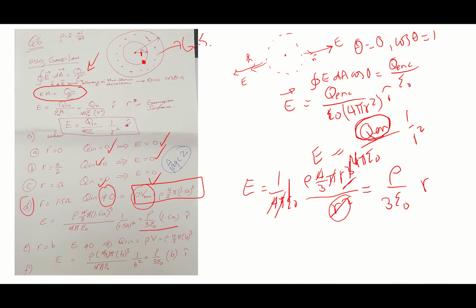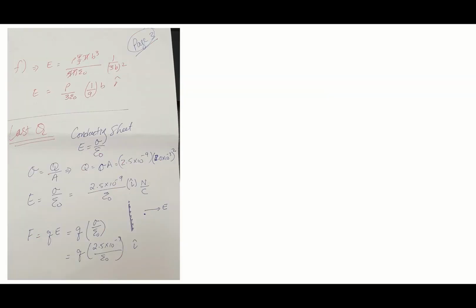Okay, and then I can substitute 1.5a for part D, and for part B, r is equal to b, so I can substitute simply b. This will become b, and for part E, and part F in the next question, it is equal to 3b.